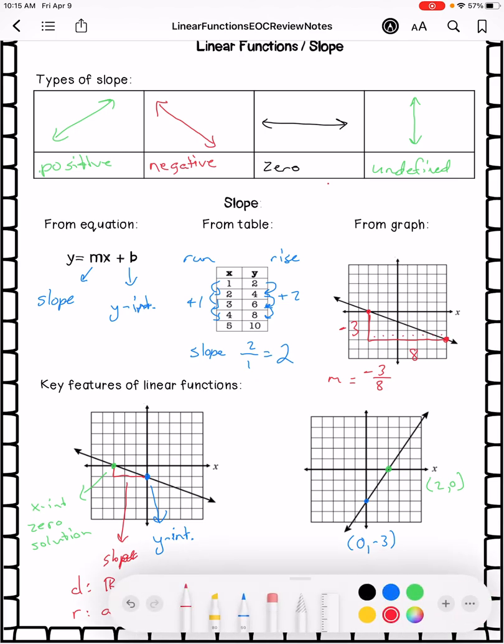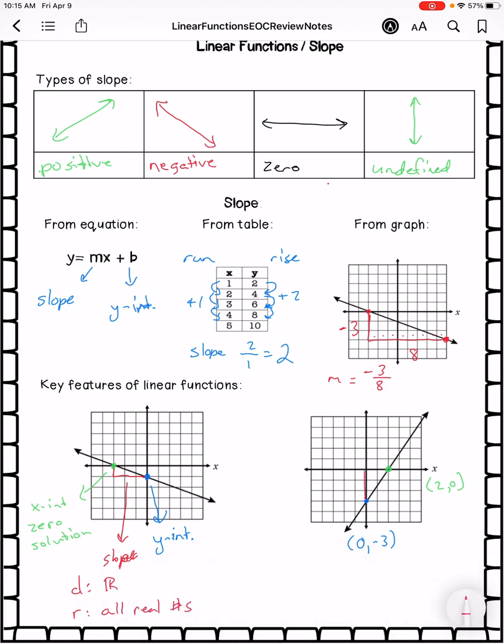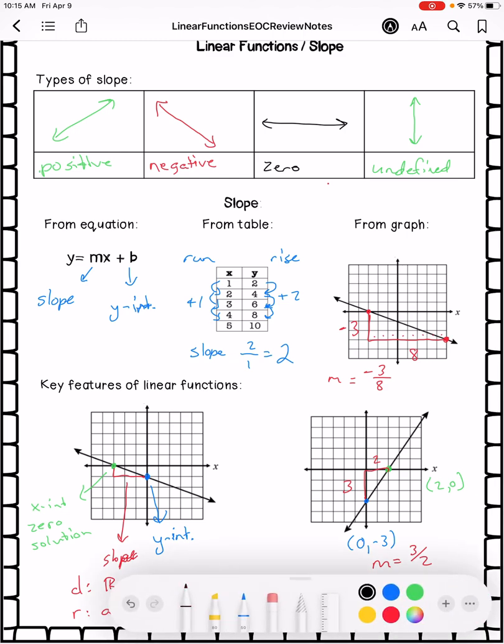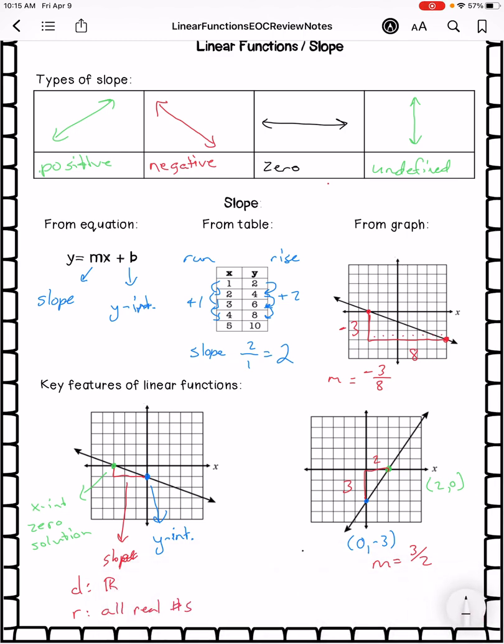And then my slope would be found from going from (0, -3) to (2, 0). That's a rise of 3 and a run of 2. So my m is 3 over 2. And then again, my domain and range. My domain would be all real numbers, which could be represented like this.